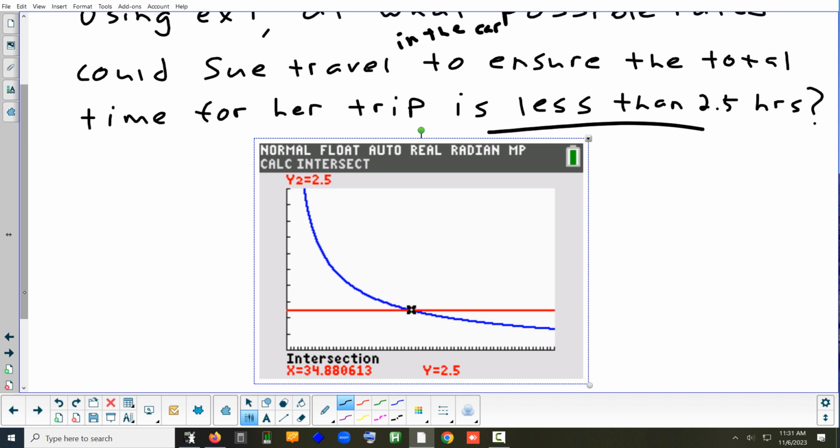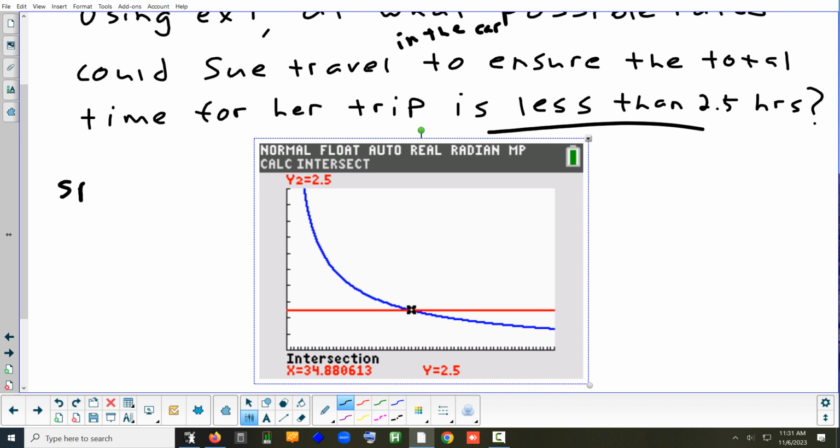So what speed could she travel at to complete the trip in less than 2.5 hours? Any speed greater than 34.88.